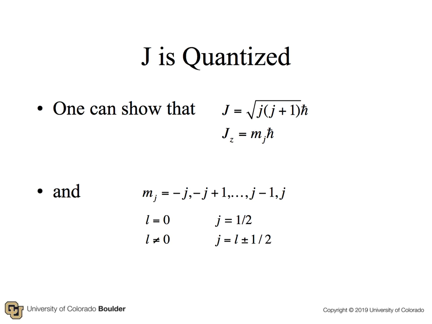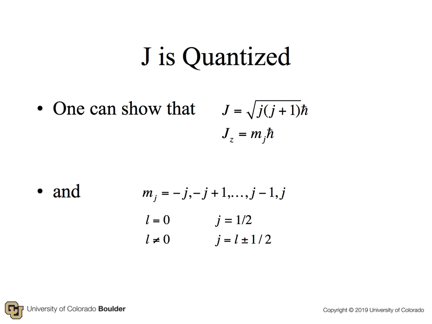Well, it turns out you can show that the total angular momentum is what becomes quantized, and that introduces a new quantum number, lowercase j, and the total angular momentum is then equal to the square root of j times j plus 1 times h bar.